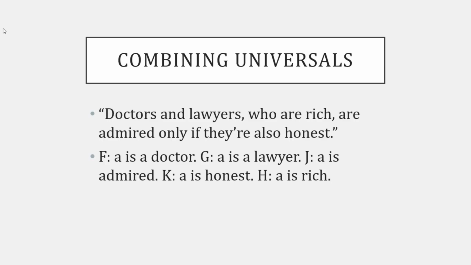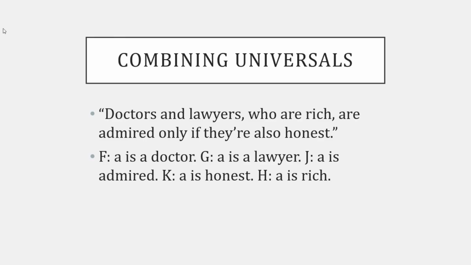And is it restrictive or non-restrictive? The question to ask yourself, if you're looking to symbolize this sentence, is: is this sentence talking about only those doctors and lawyers who are rich? Or is it saying about doctors and lawyers that they are rich and also something else?